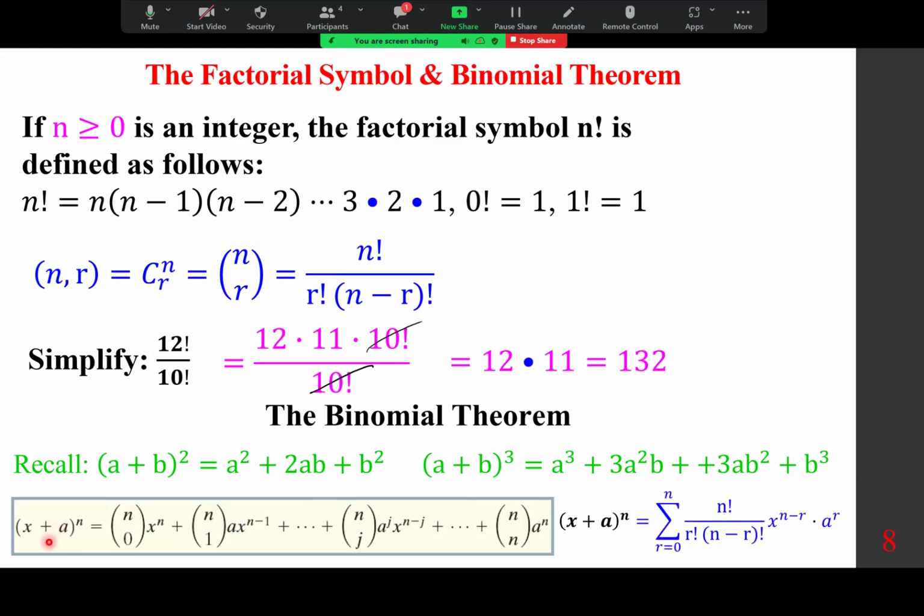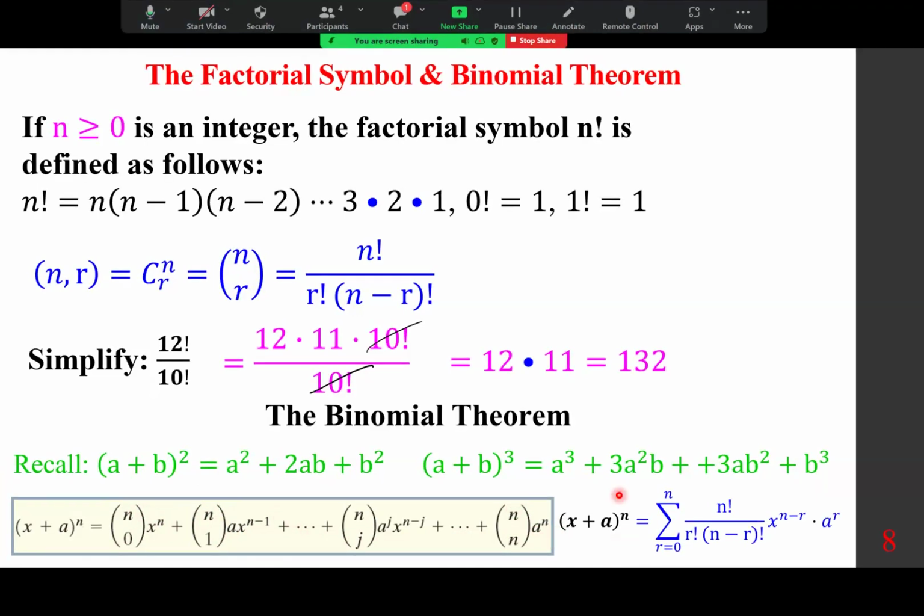Now the general case, if it's x plus a to the power of n, this is combination of n choose 0, by the way, combination of n choose 0 is 1, x to the power of n plus combination of n choose 1, a x to the power of n minus 1, all the way to combination of n choose n, and this is also 1, a to the power of n. This is the binomial theorem.